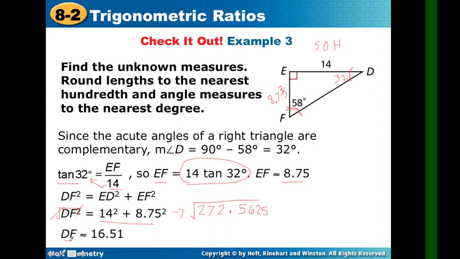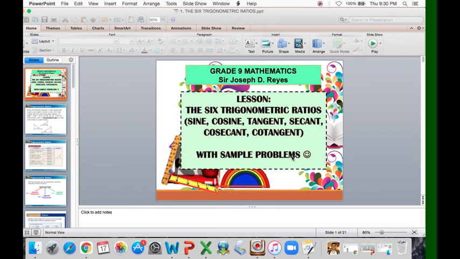And that is 16.51. Nearest hundredth ang kukunin natin. Ito naman, nearest degree, kaya sakto yung kinukuha nating degree. Okay? So that's all about the 6 trigonometric ratios: sine, cosine, tangent, secant, cosecant, and cotangent with sample problems. So with that, thank you very much for your listening.